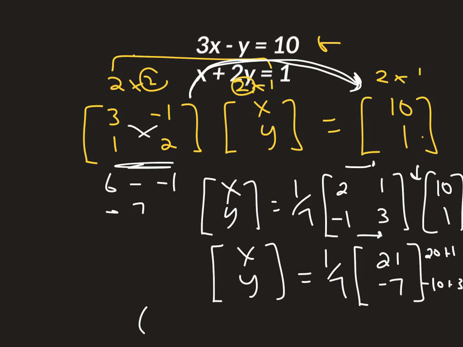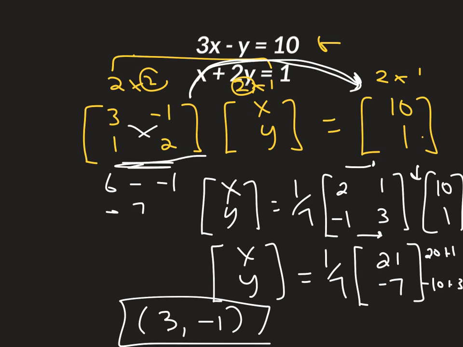So to get your answer, you're just going to take 1/7 through there. 1/7 of 21 is 3. 1/7 of negative 7 is negative 1. There's your solution right there: 3, negative 1. So, in review, all I did is I found the inverse of our first one, moved it over, and multiplied it by the one that's over here. It leaves the xy by itself, which tells you what the x is and tells you what the y is.